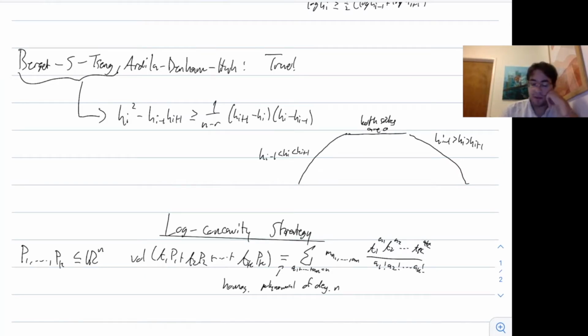Okay, so there's some expansion as a polynomial, and these numbers here are called the mixed volumes.